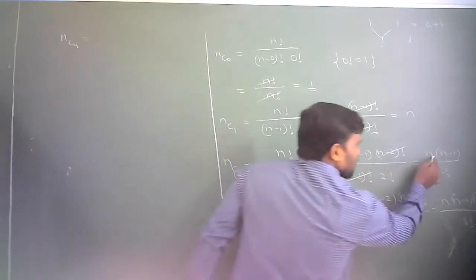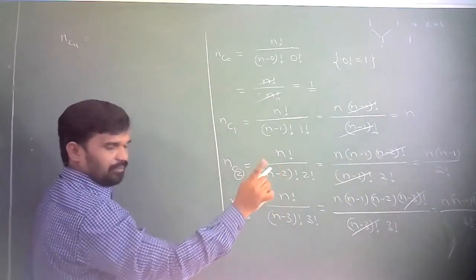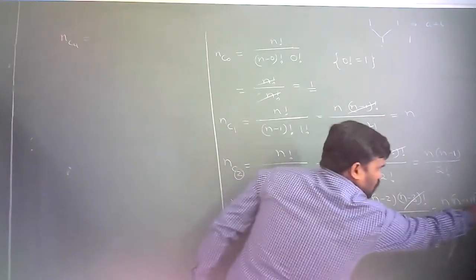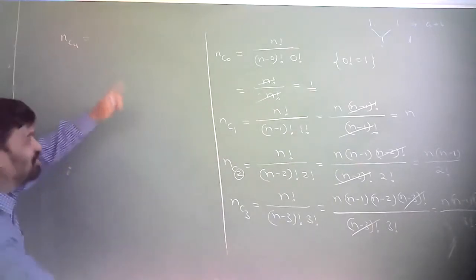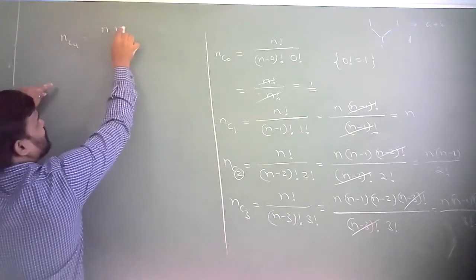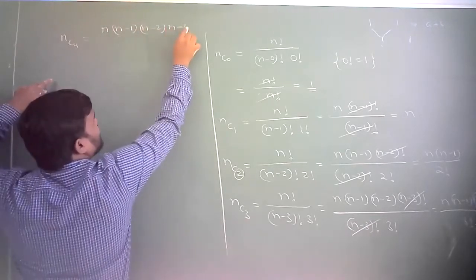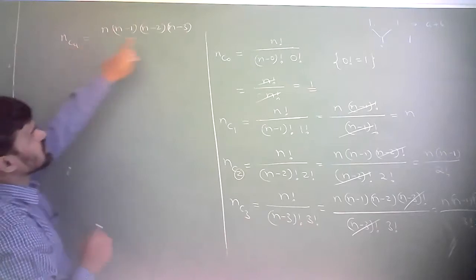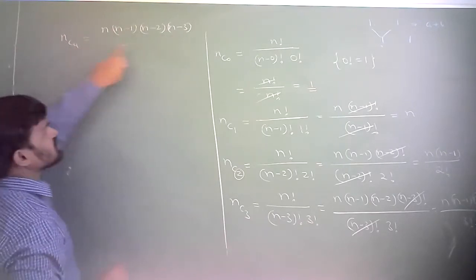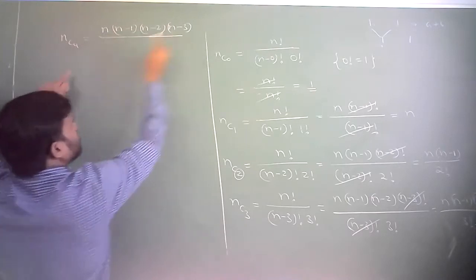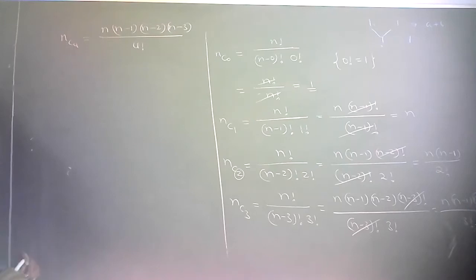NC2 means n into (n minus 1), up to 1 I have written. 3 means up to 2 I have written. 4 means up to 3 you have to write. Simple. That means n into (n minus 1) into (n minus 2) into (n minus 3). Here 4 means up to 3. Here 5 means up to 4. Here 6 means up to 5. Here what you have is 4, so 4 factorial. Simple.